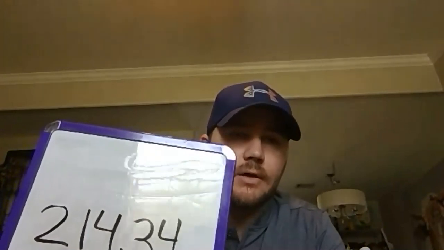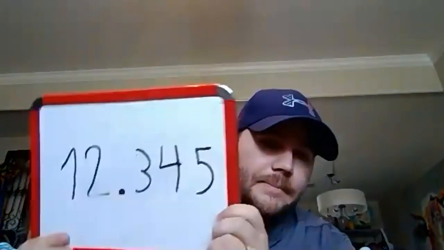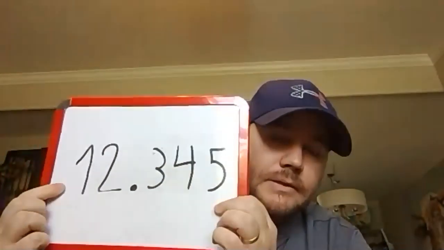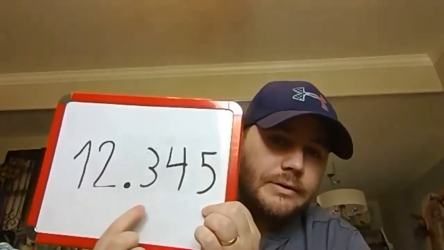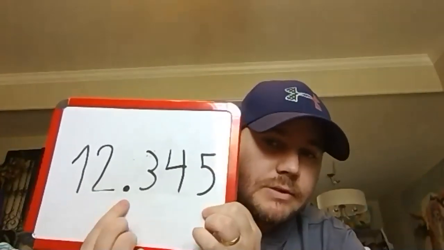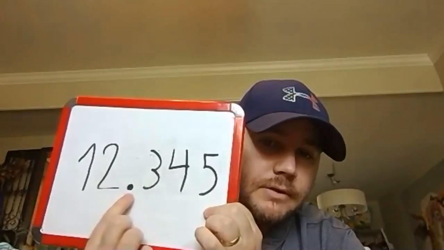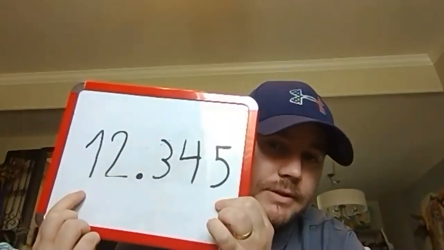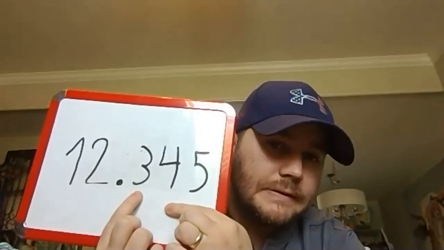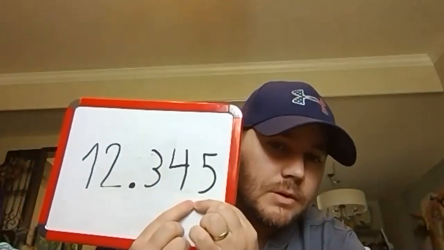Okay. So the whole point is the decimal, right? The decimal is the thing that is important here. Find your decimal and everything else will make sense for you. Like when we come here, I have 12.345. This decimal is the most important thing, right? Because from our decimal, we go this way, ones, tens. From here, we go backwards and we go tenths, hundredths, thousandths, right?